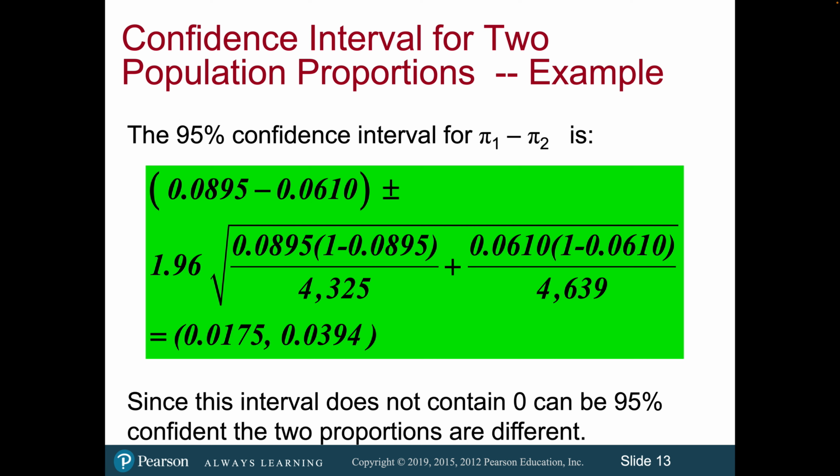Notice that the confidence interval, 0.0175 to 0.0394, does not contain zero, which corresponds to rejecting that the difference is equal to zero. And so there's a 0.95 probability that the difference in the two proportions is contained in this interval.